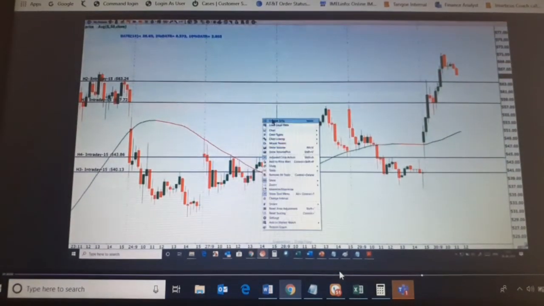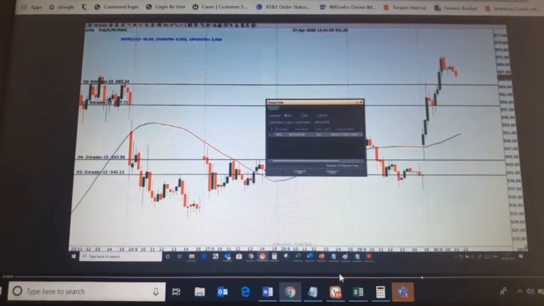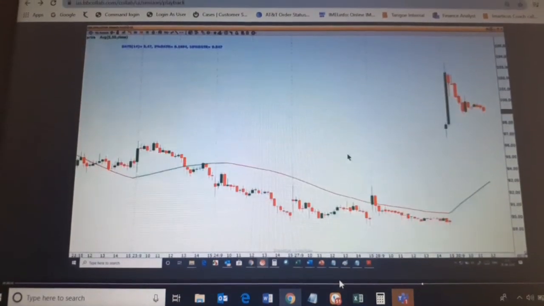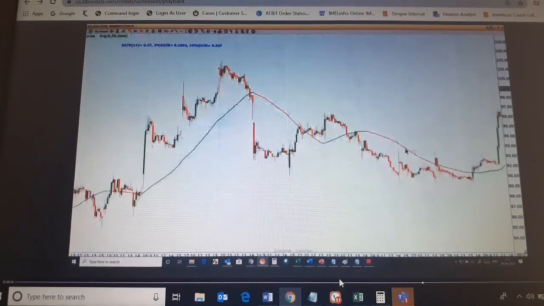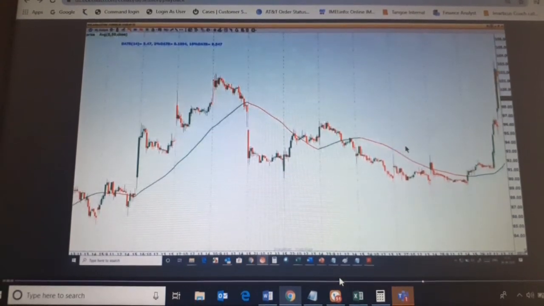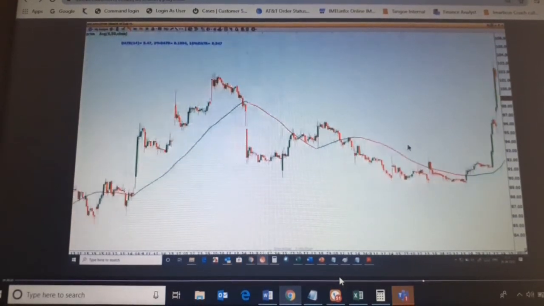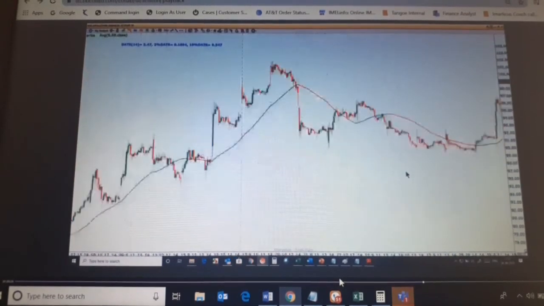Okay, so I'll go to Apollo Tires. Now please don't give your demand zones and supply zones. I will mark them myself. I'll hide today's candle over here. So this is today's candle. I'll hide it.